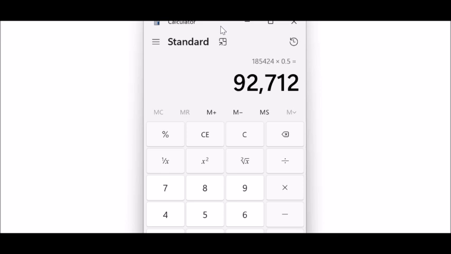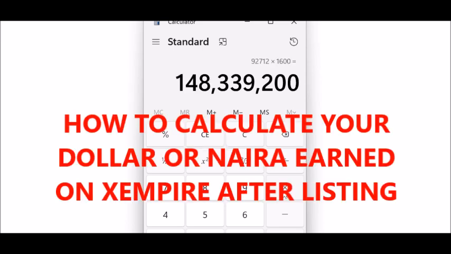What that means is that she is going to get $92,712, and if you convert that to naira, that will be multiplied by 1,600, which gives us 148,339,200.